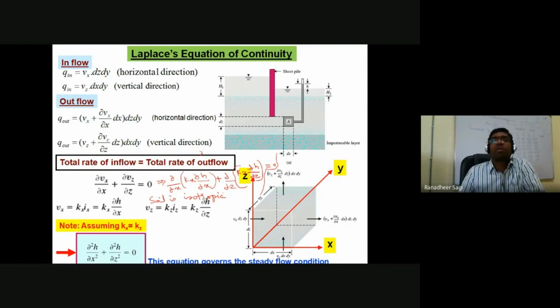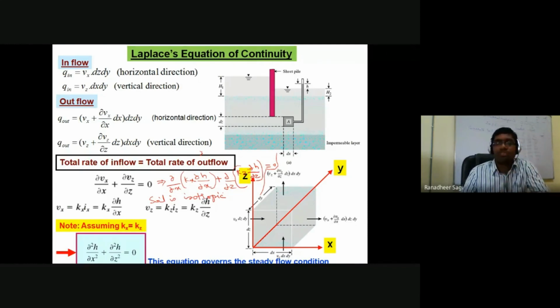If the coefficient of permeability of the soil in both the x direction and the z direction is the same, then I can replace kx and kz simply with k, and I can take that out of the differential function, because the derivative of a constant is going to be 0.